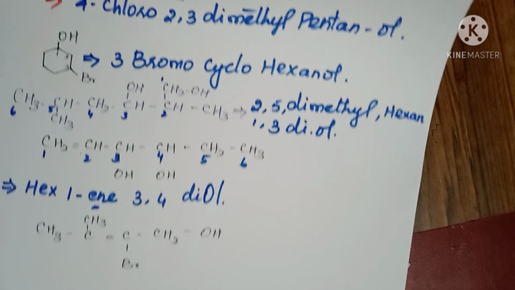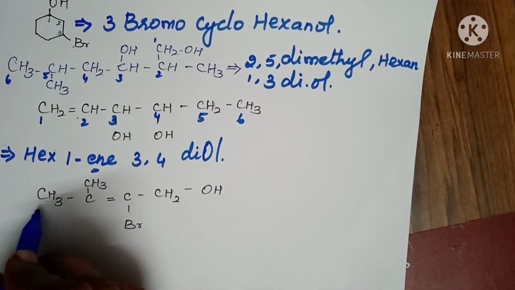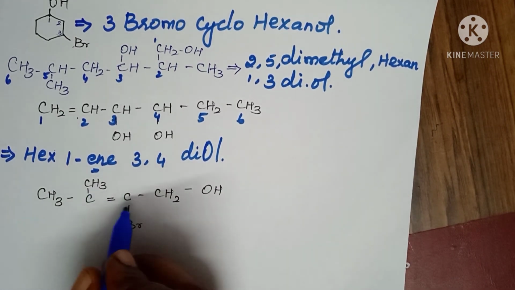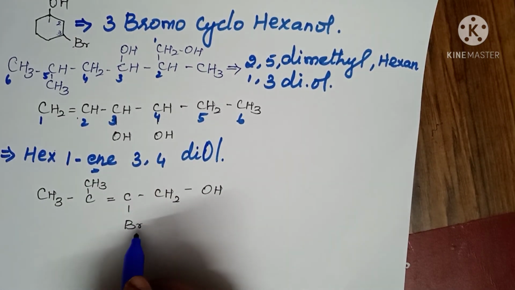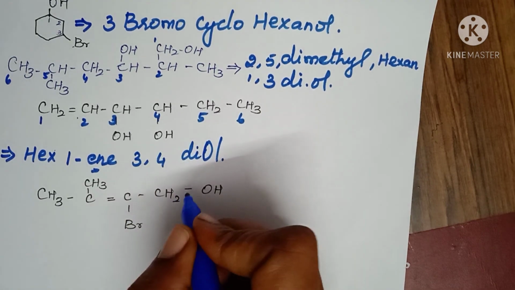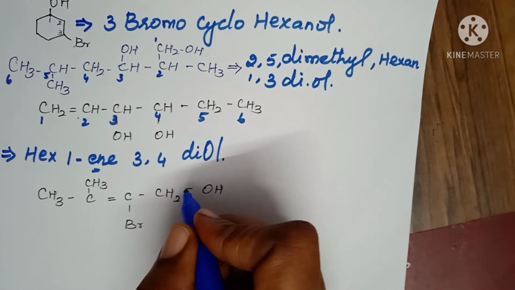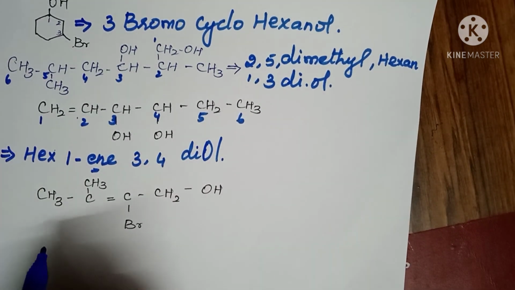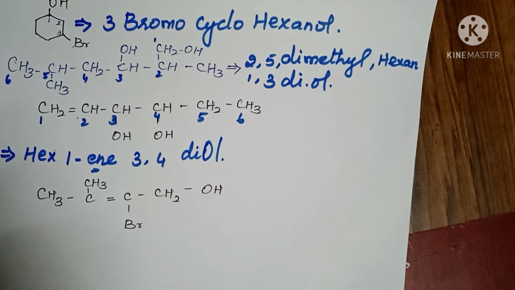Okay, the last one, what is it? CH3, C, CH3 double bond C, Br, CH2OH. Now how can you name this? Just now I told you, wherever there is a double bond, there you have to give the numbering.